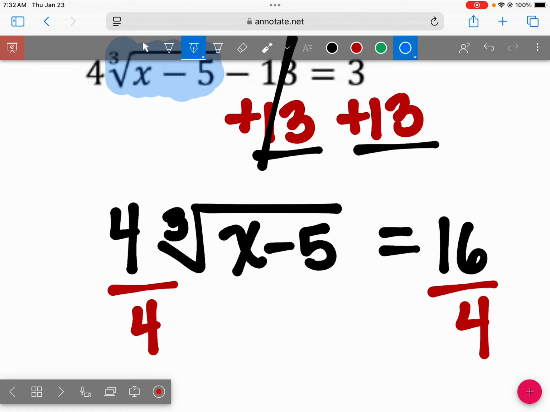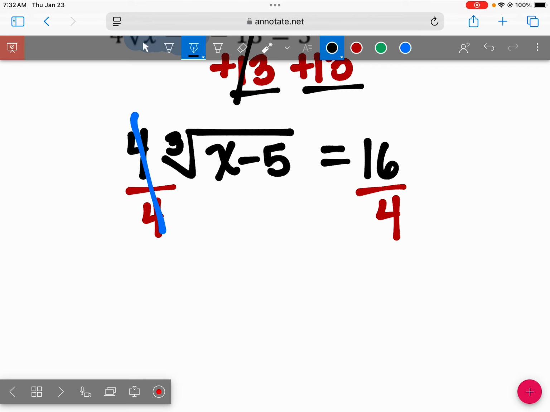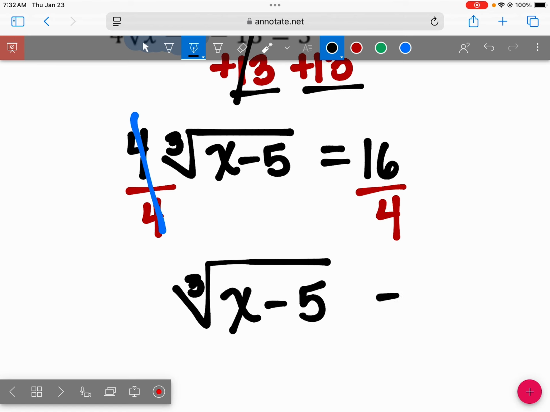Again, we're not touching anything under the cube root. So we have our radical with our little 3 in the elbow, x minus 5.